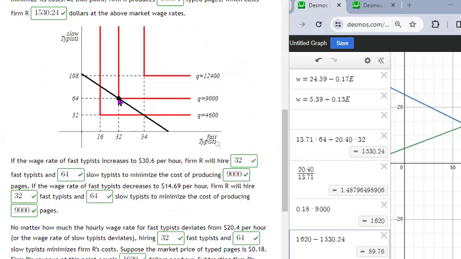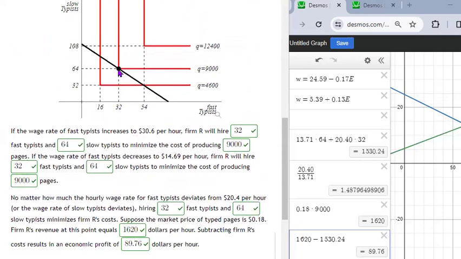The economic profit here at this point is $89.76 because the revenue of producing 9,000 units is $1,620, and the cost of 32 fast typists and 64 slow typists, the cost there is $1,530.24, right? So our costs are less than our revenues, and we have an economic profit.